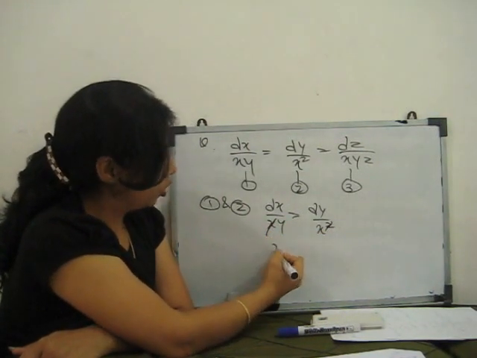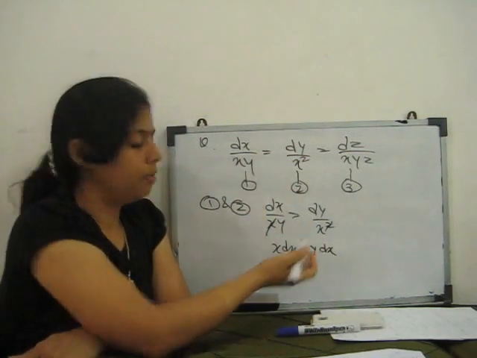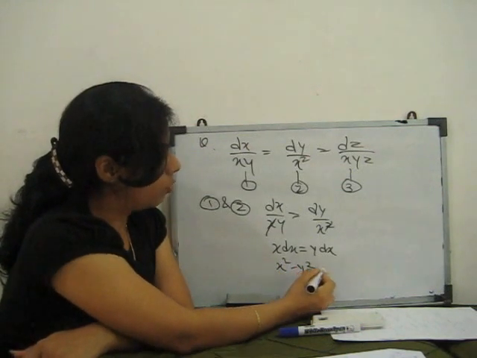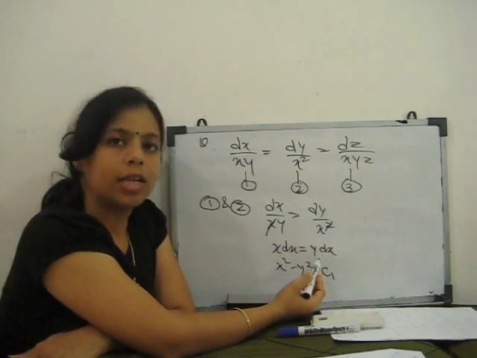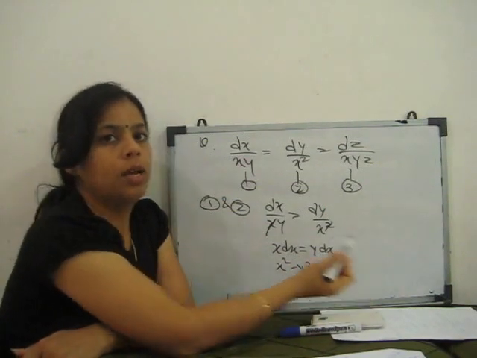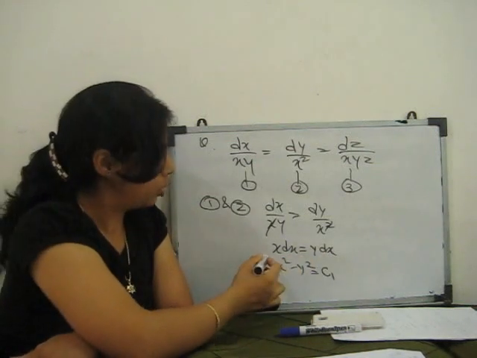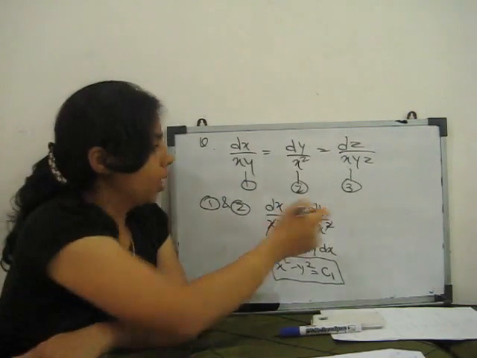The x cancels, so this gives x dx equal to y dy. We can easily solve: x square by 2 equal to y square by 2 plus one constant. The 2 merges with that constant, so x square minus y square equals c1.